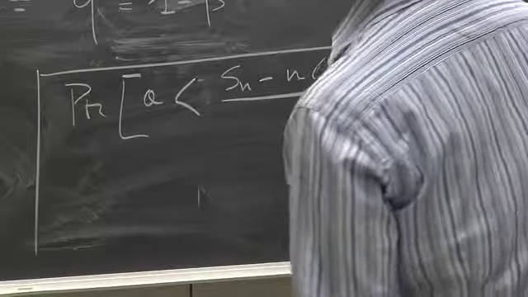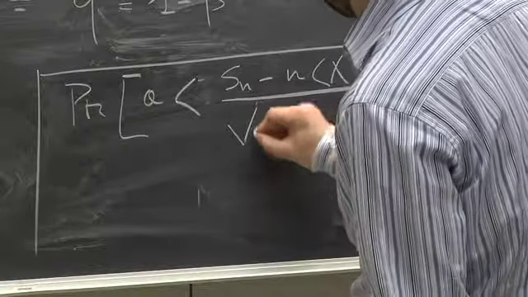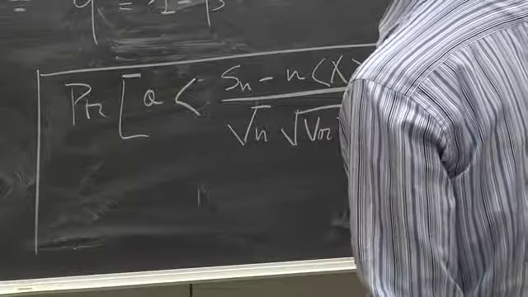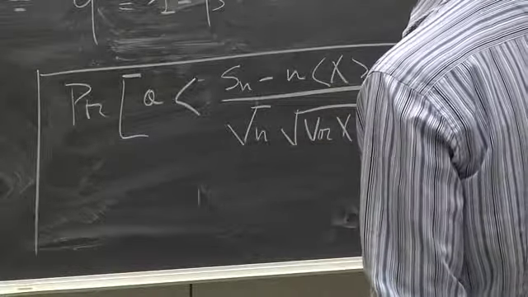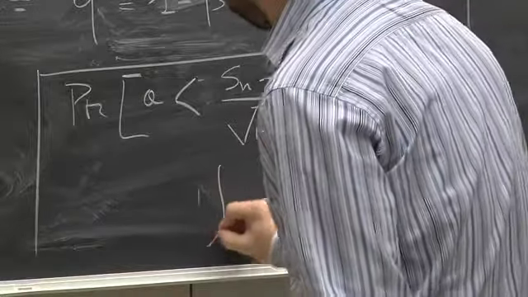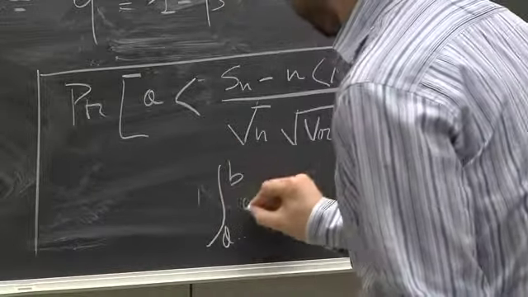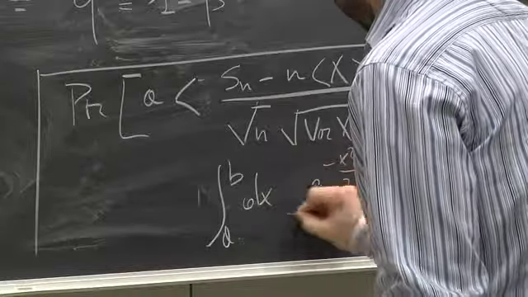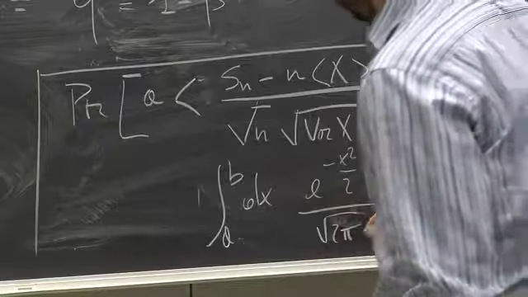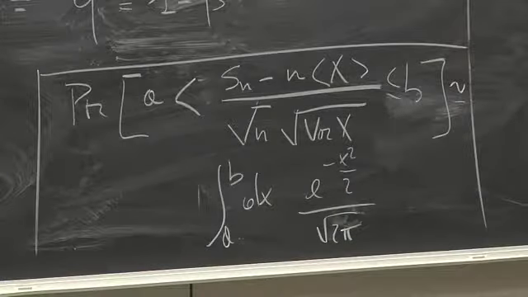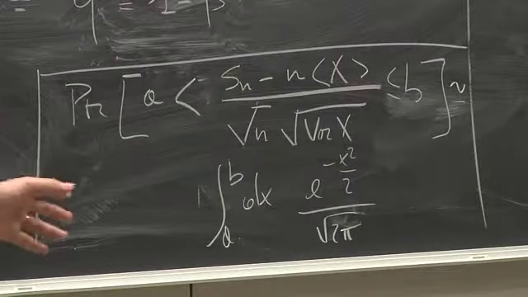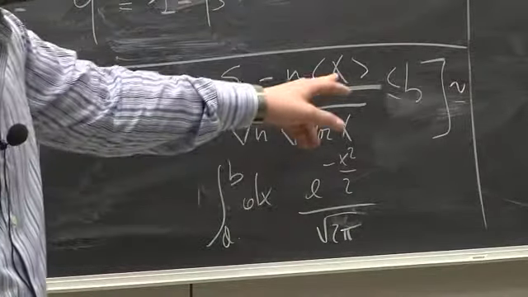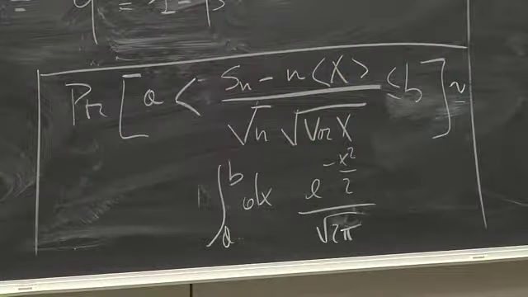Then now you can write it as the square root of n times the square root of the variance of x. This is approximately equal to the normal distribution. So now we have just proved, well, kind of proved this result for x, which has this very simple distribution.